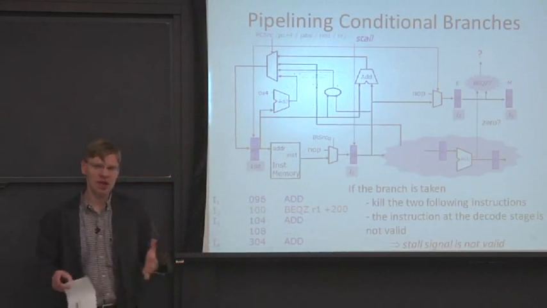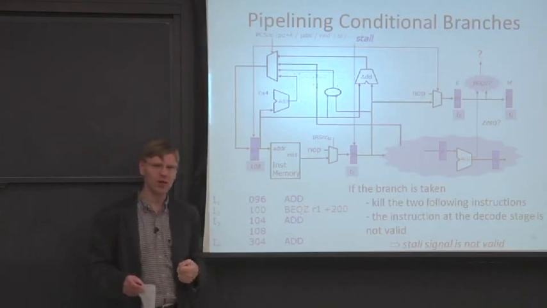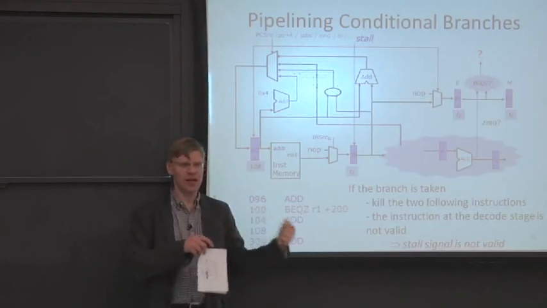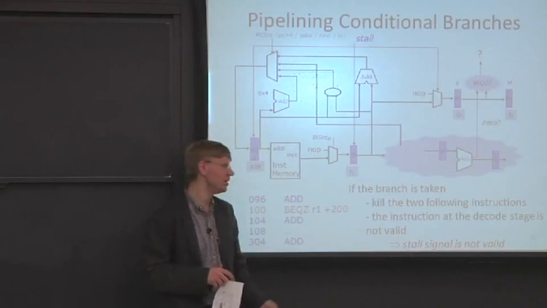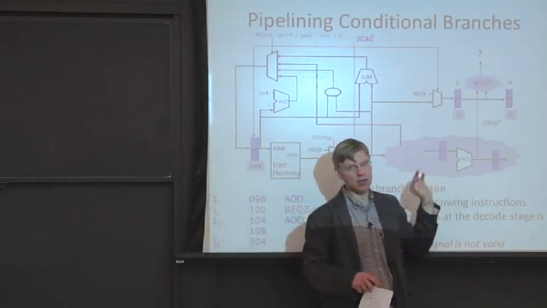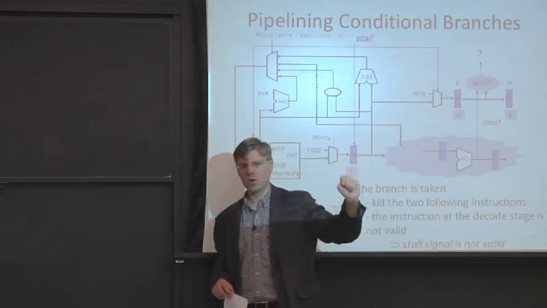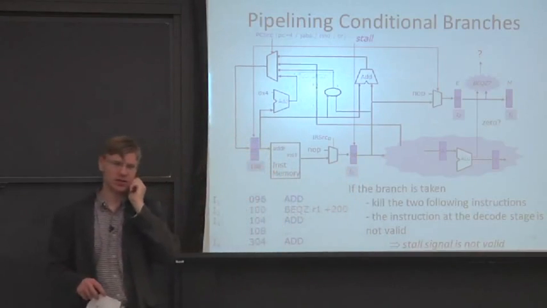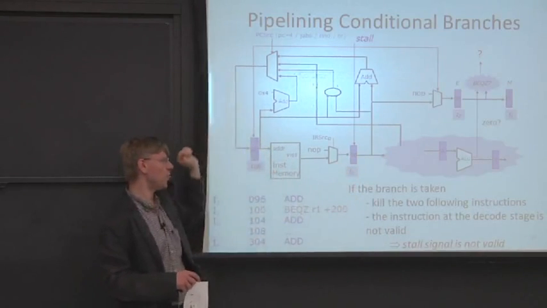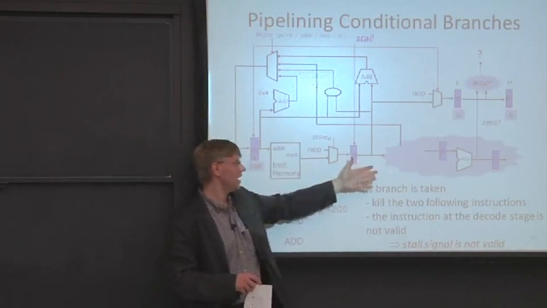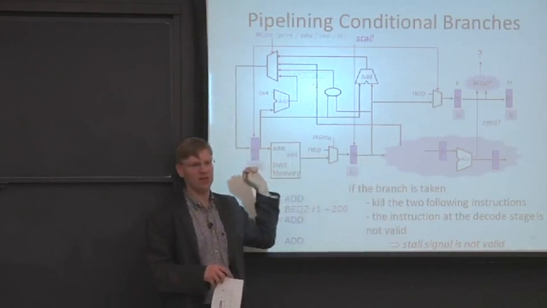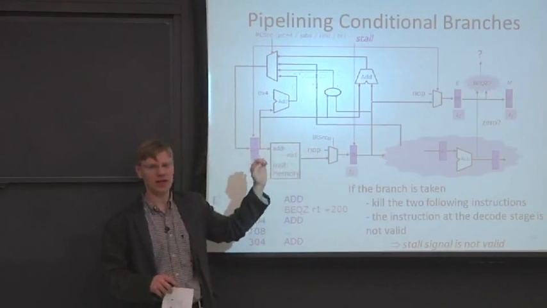So unlike the jump case, where you might be able to do either way with the priority of the stall and the kill wires, here the kill has to take precedence, or the redirect has to take precedence. And that's going to redirect the front of the pipe and basically clear out everything here. If you were to stall it, you would not be clearing it out.